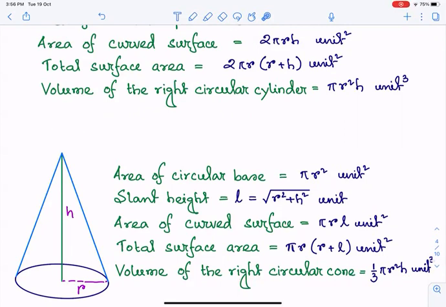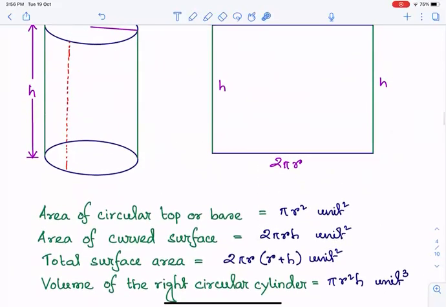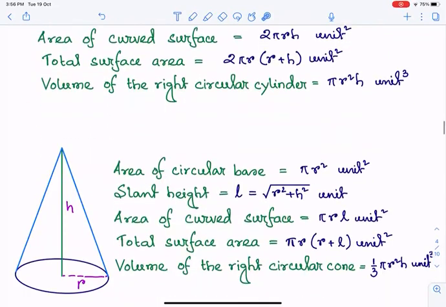Now earlier we had pi r square area stored for height h to give us the volume of the cylinder, pi r square h. Whenever we get any such instance where an area is continuously decaying, keeping the shape same, and finally after the same height it has transformed into one point, it will give you 1/3 volume.